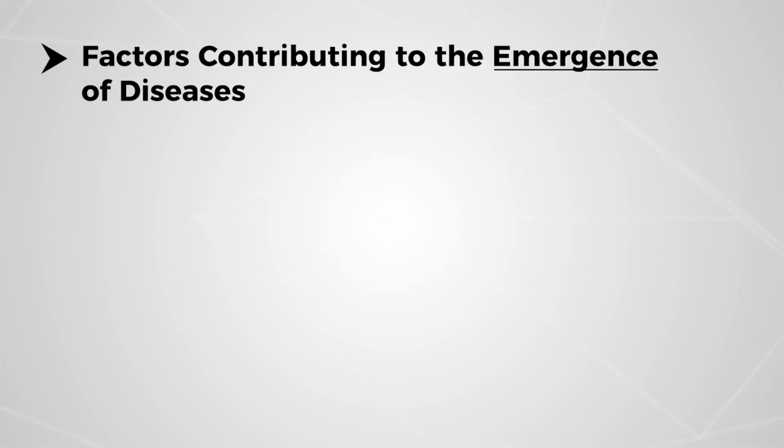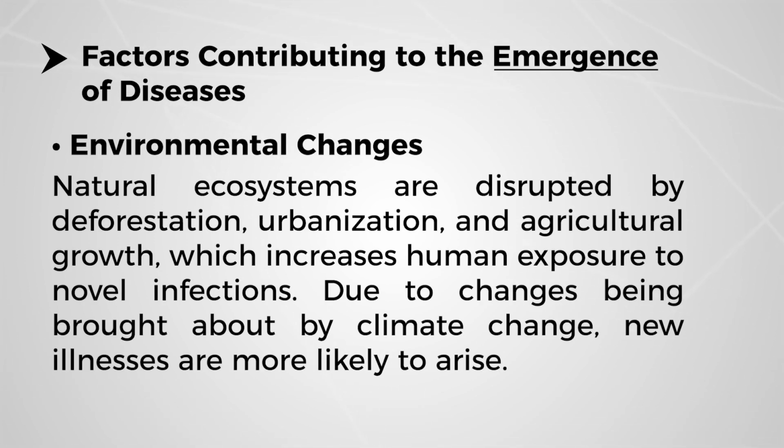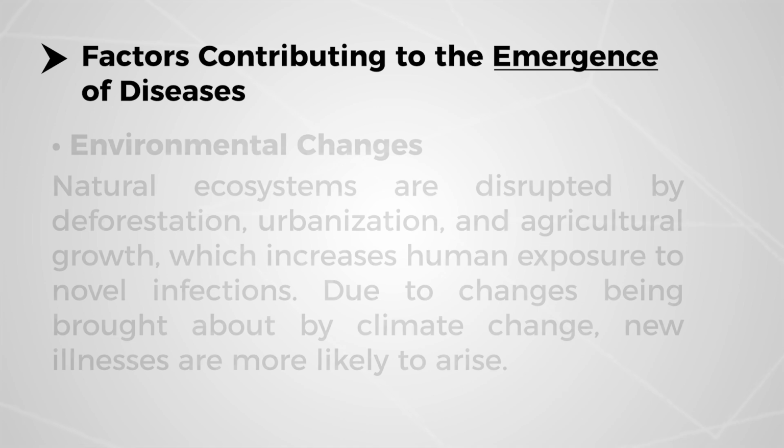Factors contributing to the emergence of disease. First one is environmental change. Natural ecosystems are disrupted by deforestation, urbanization and agricultural growth, which increases human exposure to novel infections. Due to change brought about by climate change, new illnesses are more likely to arise.